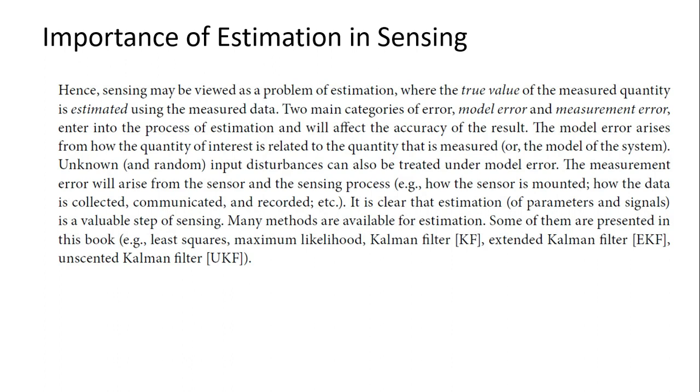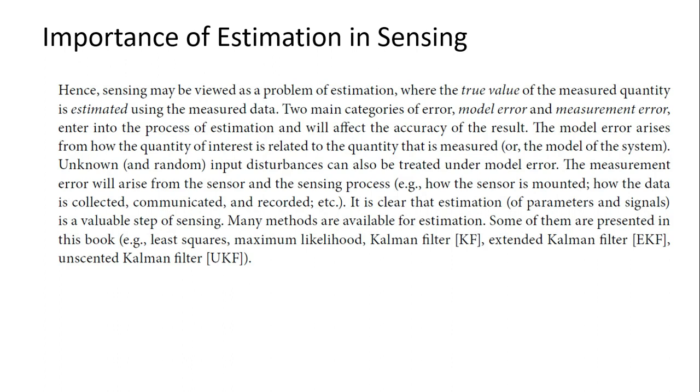Hence, sensing is viewed as a problem of estimation, where the value of the measured quantity is estimated using the measured data. The two main categories of error, model error and measurement error, enter into the process of estimation and will affect the accuracy of the result.